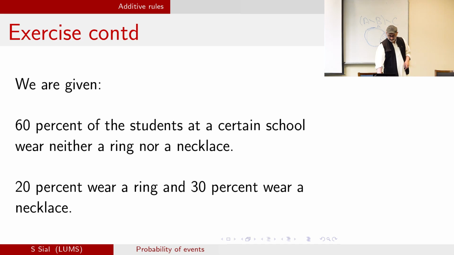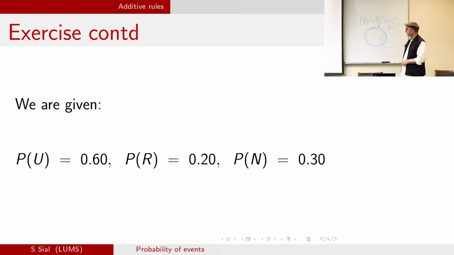Okay, so what were we given? 60% wear neither a ring nor a necklace. 20% wear a ring, 30% wear a necklace. That means that the probability of the random student not wearing a ring and also not wearing a necklace is 0.6. Probability of wearing a ring is 20%.